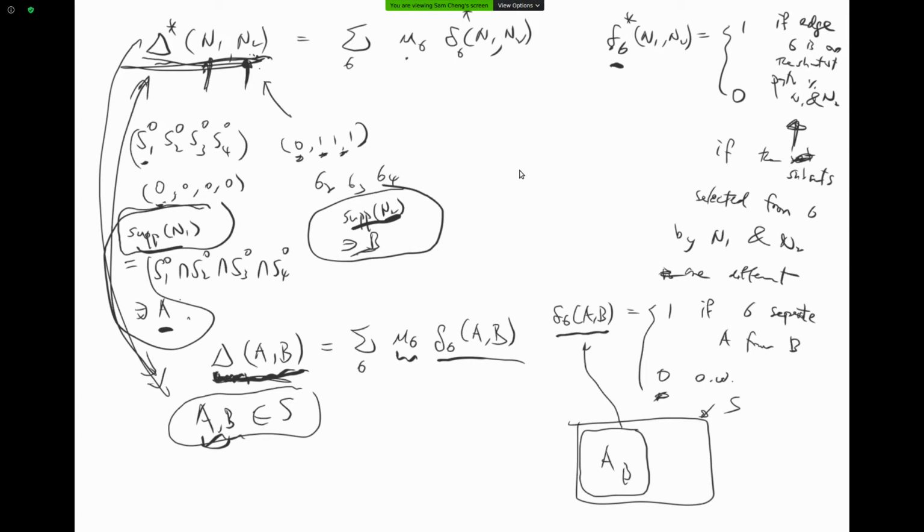But starting with a base set S, suppose I have some lateral distance D, so that A and B differ by this distance. We wonder how D(A,B) will be related to this delta AB, or more concretely, how mu sigma will be related to this D(A,B).